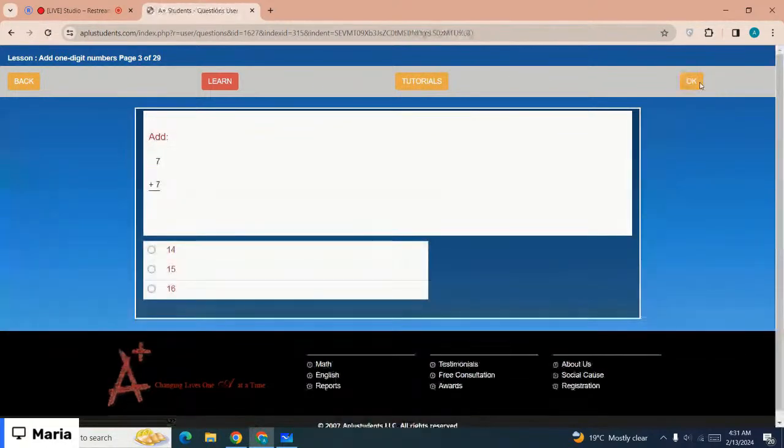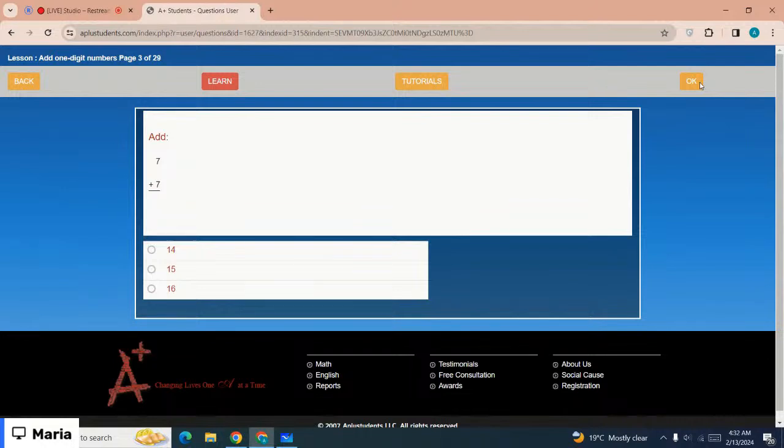Add 7 plus 7, which is the correct option? So start with 7 and count 7 more.